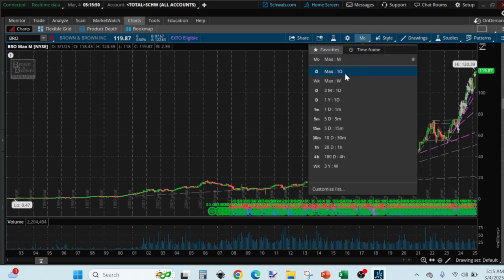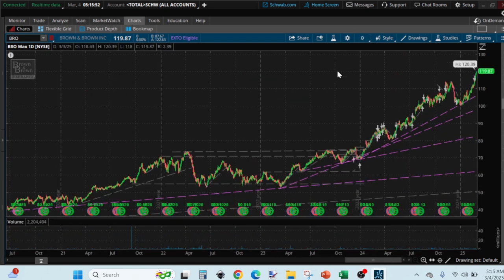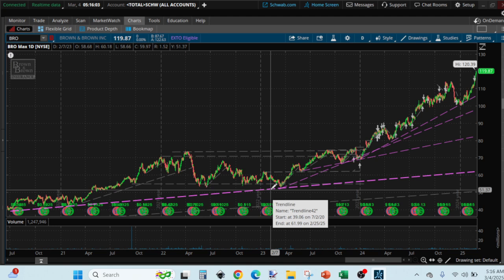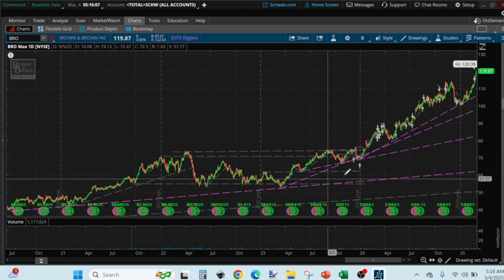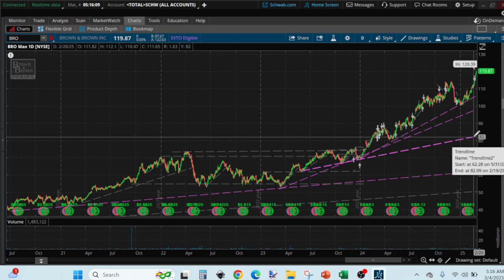So when you are investing in the stock, what I wanted to say is it is going to increase in value. When you sell it, pretty much you are accumulating a profit there along the trend line. That's what I wanted to say.